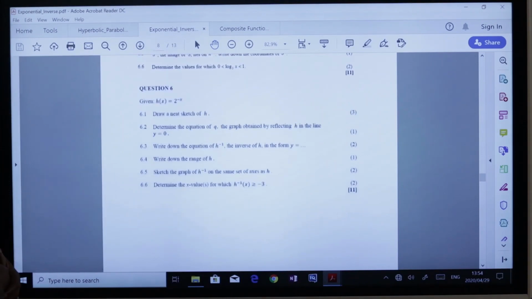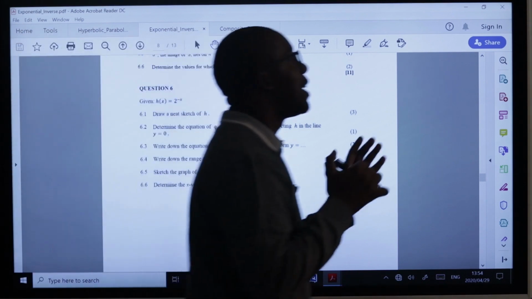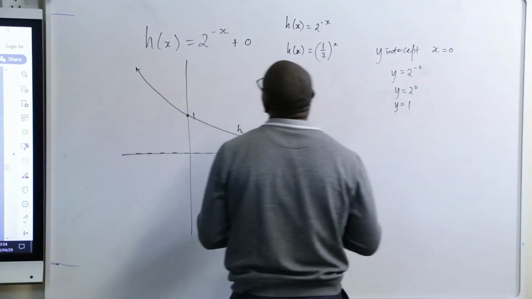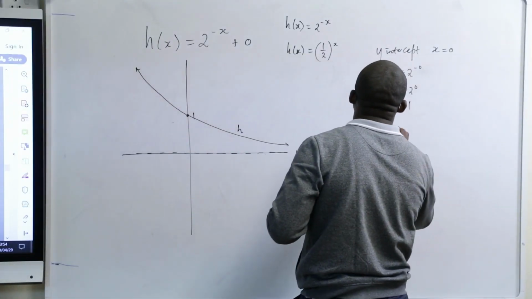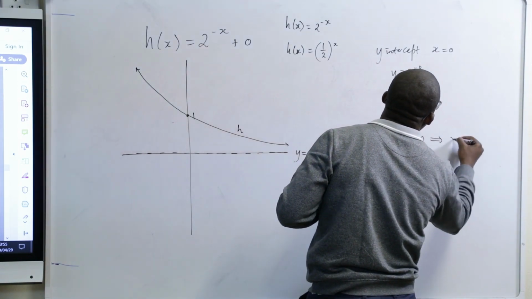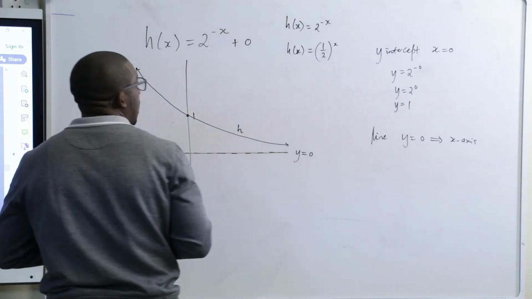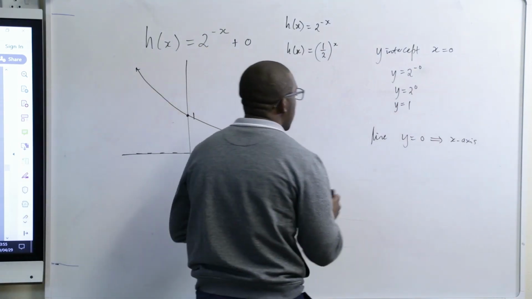Determine the equation of g, the graph obtained by reflecting h in the line y is equal to 0. The line y is equal to 0 is otherwise known as the x-axis. So reflecting in the x-axis makes y negative.